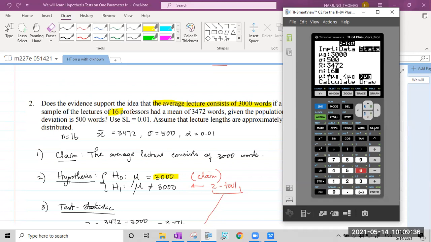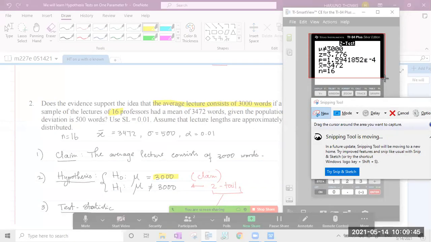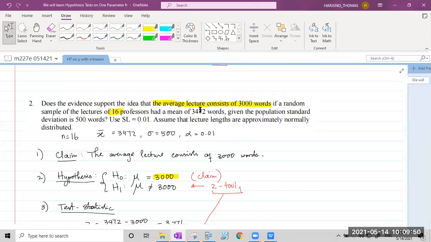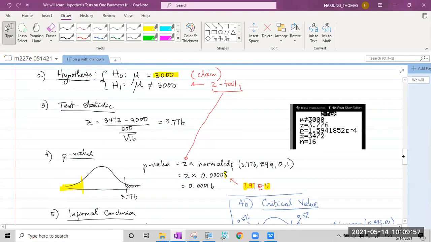And we are doing a 2-tail test. Calculate. Done. This way, then you can compare your test statistic and the p-value. Only to get the test statistic and p-value.